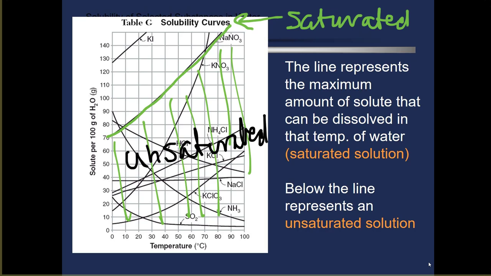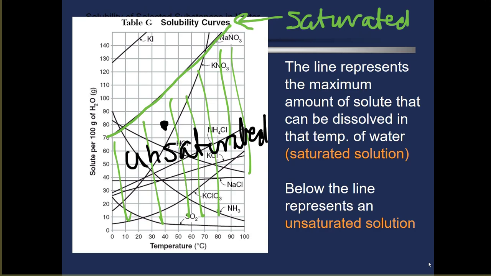So what unsaturated means is that I can dissolve more solute. So for example, let's say I am right here on the chart. So right here on the chart, I have about 80 grams of the sodium nitrate, and I find that it's not on the line. So because it's not on the line, it's not a saturated solution, it's an unsaturated solution.